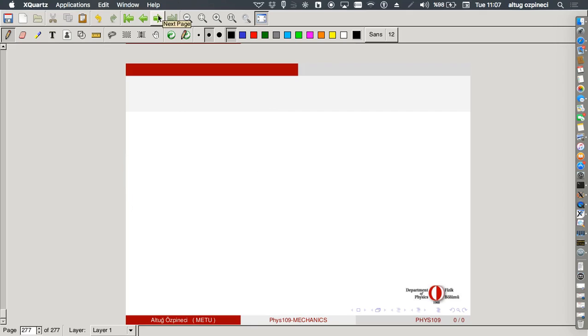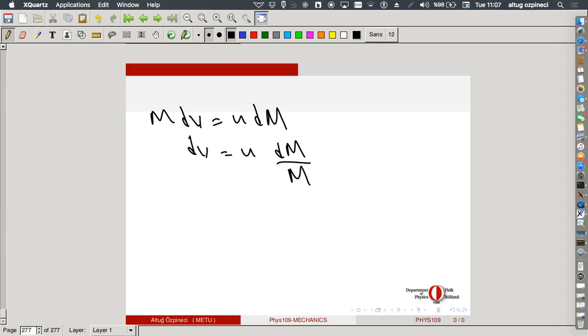Here we had m dv is equal to u dm, or dv is equal to u times dm over m. If you burn this dm amount of fuel when the rocket has a mass m, this will be the change in velocity. If we add all these changes, initially let's say the rocket has some velocity v0, and finally it has a speed v.